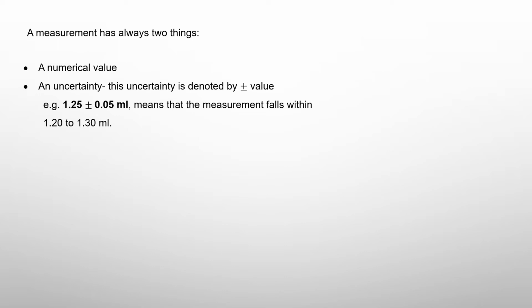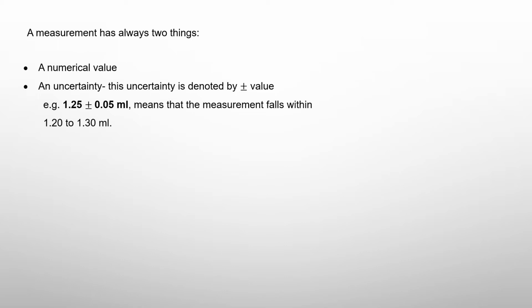If this value reads as 1.25 plus or minus 0.05, it basically means that you add 0.05 to the value and you get 1.30. If you subtract 0.05 from 1.25, you get 1.20. So that basically means that the reading is falling in the range of 1.2 to 1.3 milliliters.